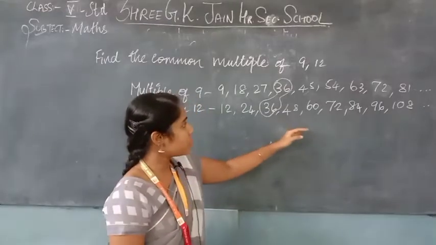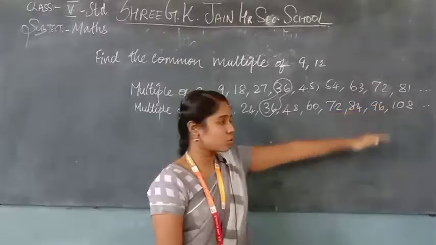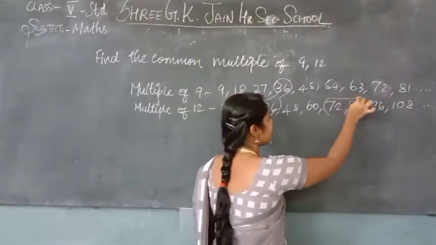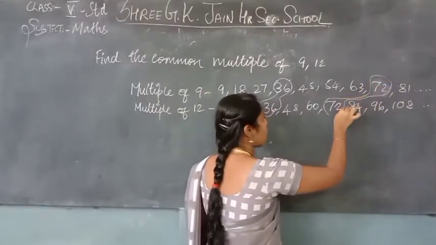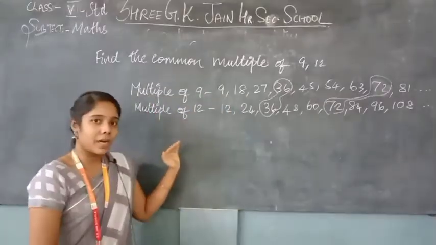Any other number common to both? Yes, 72, so we have 72 as a common number. Any other number common to both the multiples?